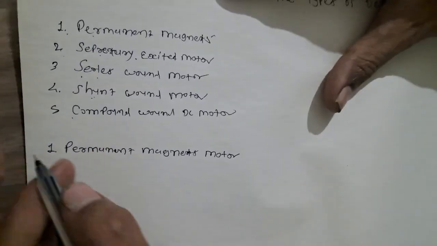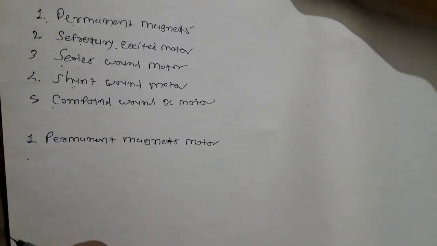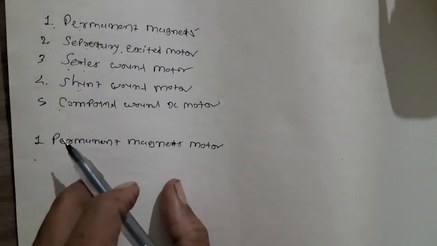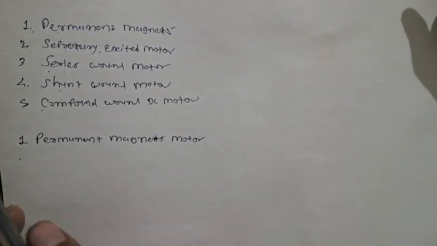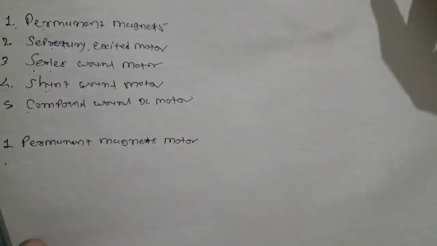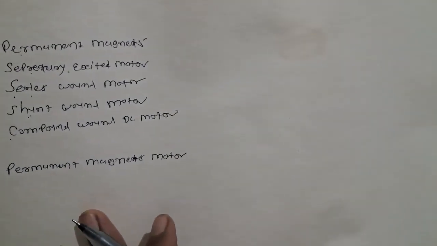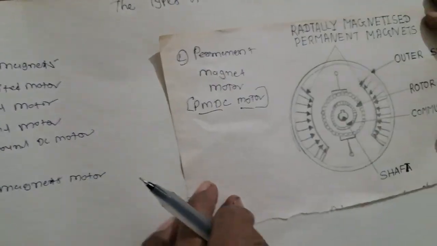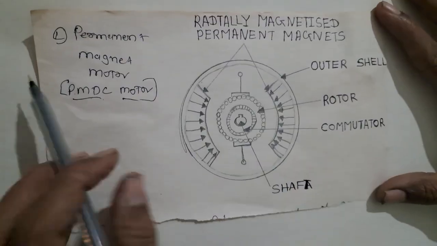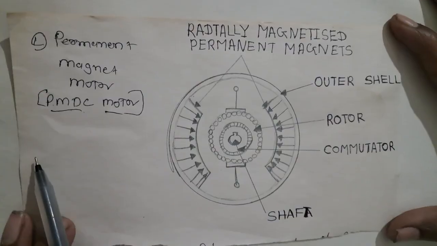So a permanent magnet DC (PMDC) motor is a DC motor whose poles are made of permanent magnets, that is, the field flux required in the air gap of a PMDC motor is developed by a set of permanent magnets. This is the figure of a PMDC motor. PMDC motor means permanent magnet DC motor.